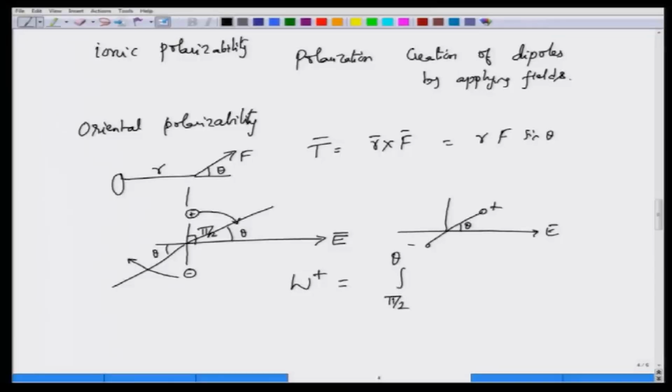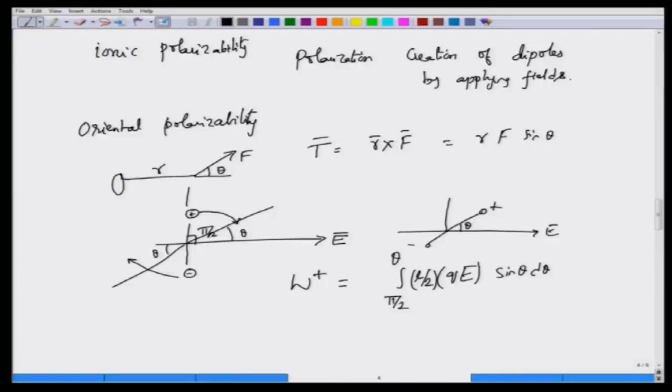So, with the decrease of the potential energy W plus of the positive charge, this will be the integral from pi by 2 to theta of f into r into sin theta. What is r? r is L by 2, okay. f is the force, which is q into E on the positive charge, times sin theta d theta, okay.